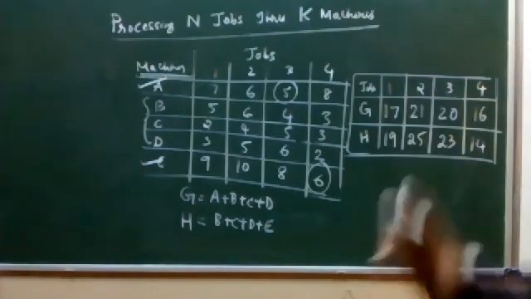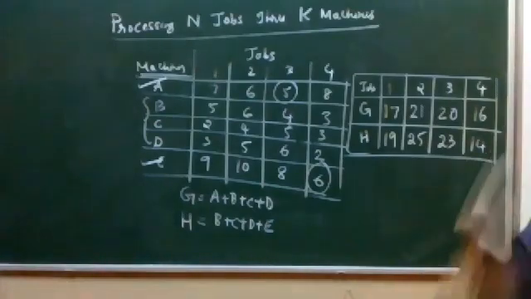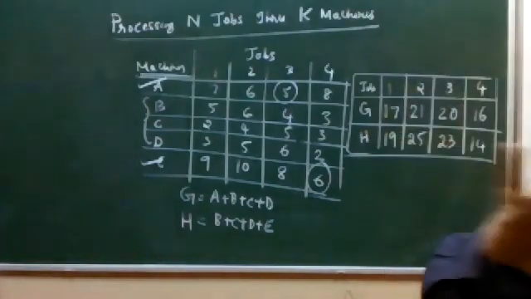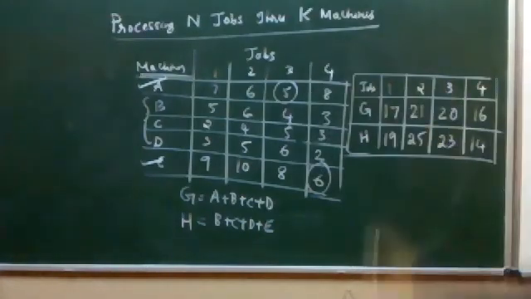All this activity is done only for applying Johnson's rule. Once the order of the jobs is decided, these values have no application in any part of the sequencing problem. Am I clear? Have you all understood this step very clearly? Yes or no? Yes, sir.